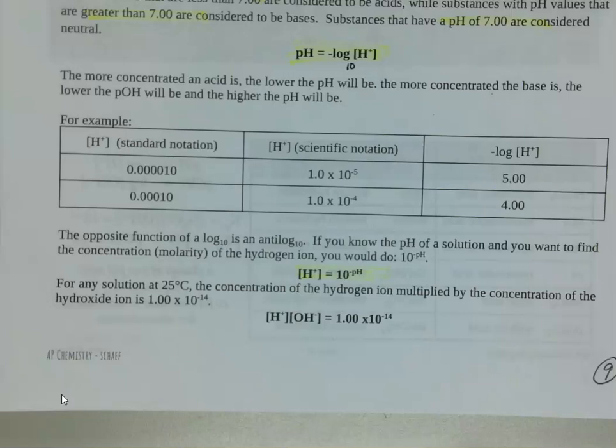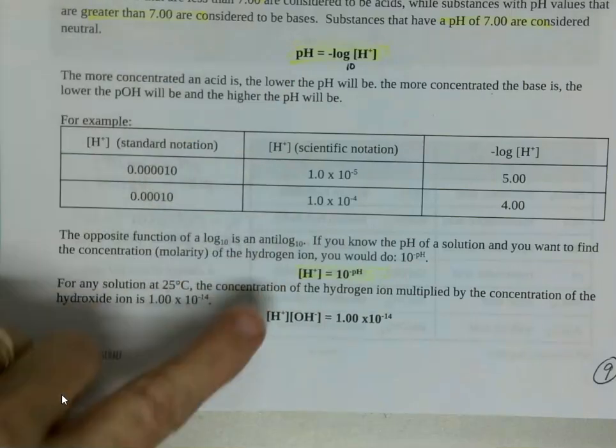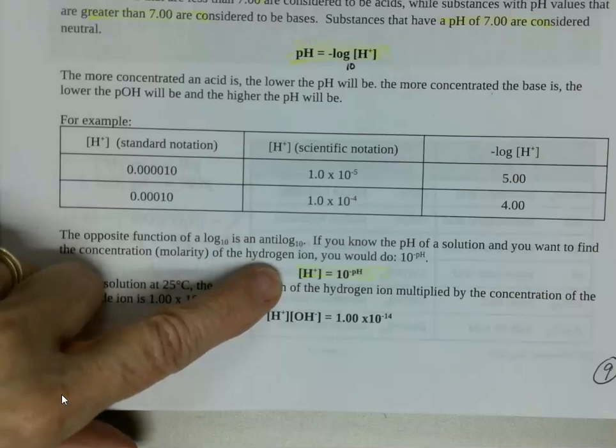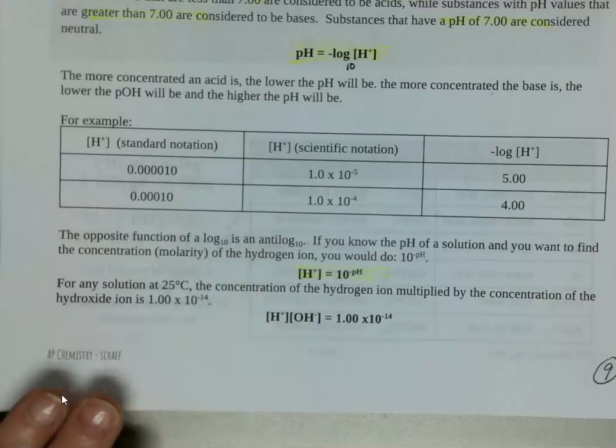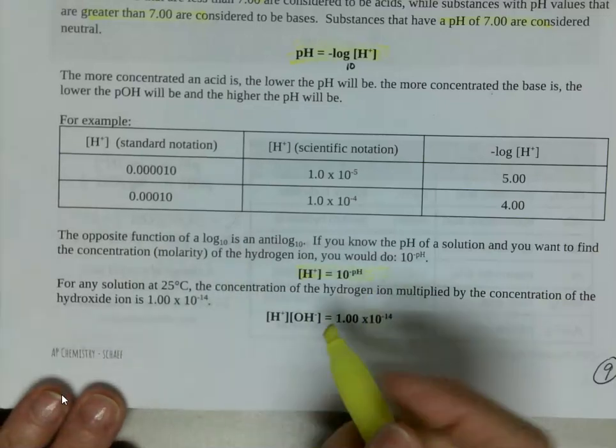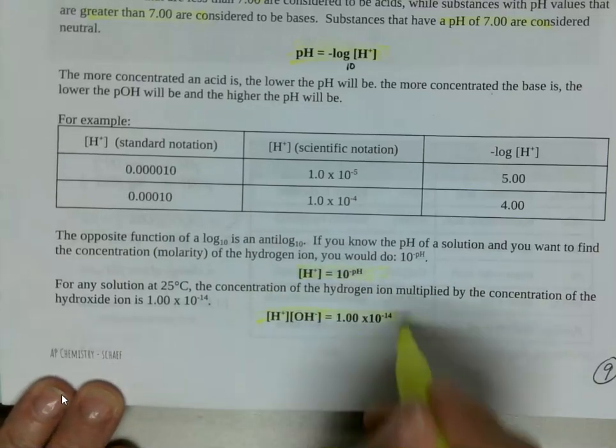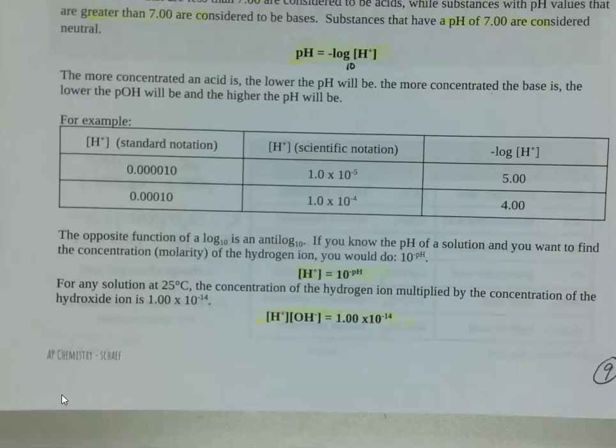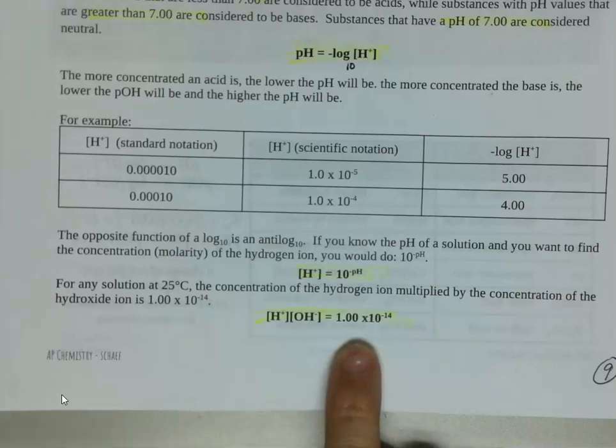Sometimes if we are given the pH and we're looking for the concentration, we're going to have to do that. Now this one is not given on your formula sheet, so you do have to know how logs work. Another one is that if you take the concentration of your hydrogen ion times the concentration of your OH ion, it should always equal 1.00 times 10 to the negative 14.